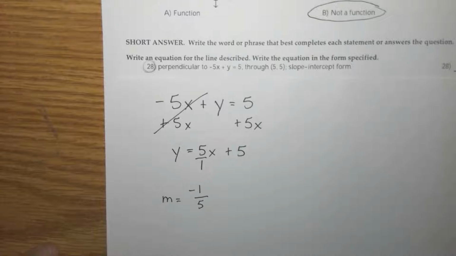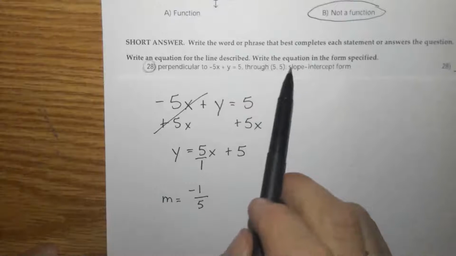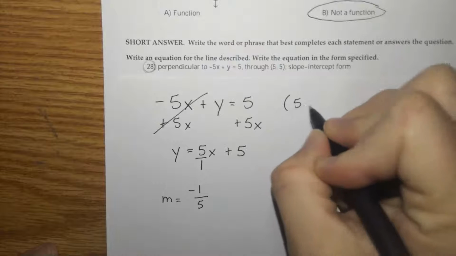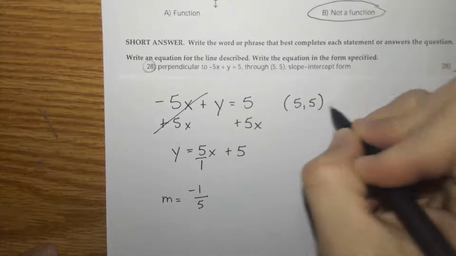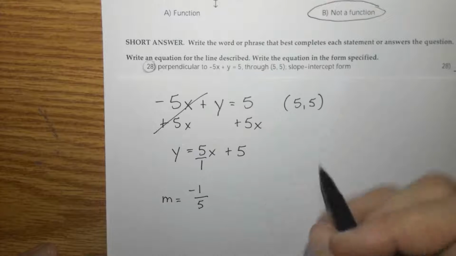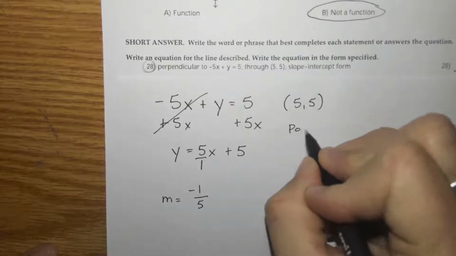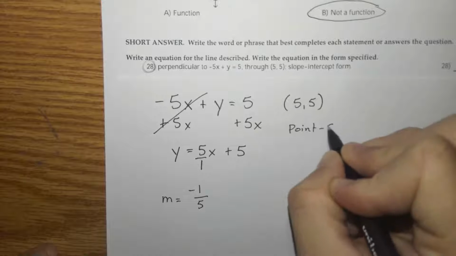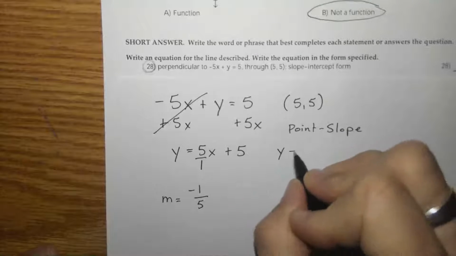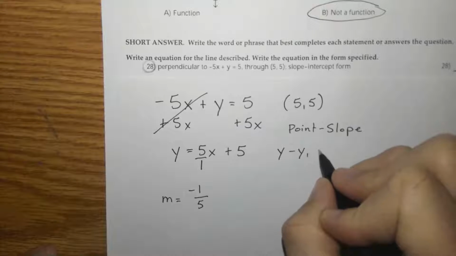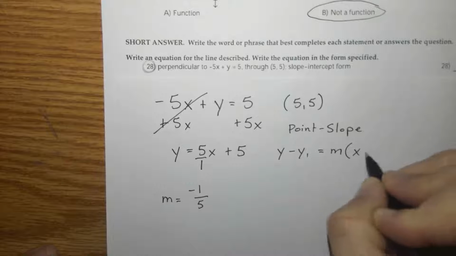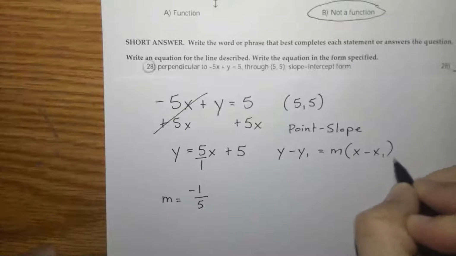Okay. And then it also said that ours passes through this 5, 5. And so what we can do is use point slope form. Since we found the slope and we got a point, remember point slope looks like this. y minus y1 equals m, and then x minus x1.